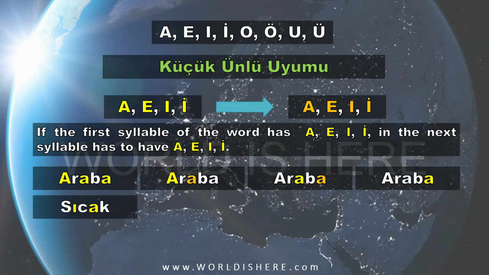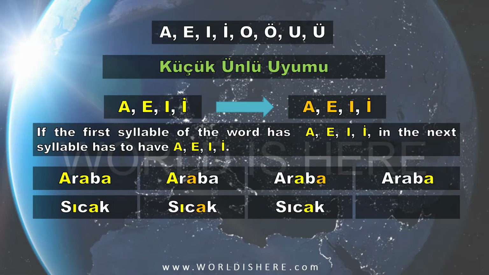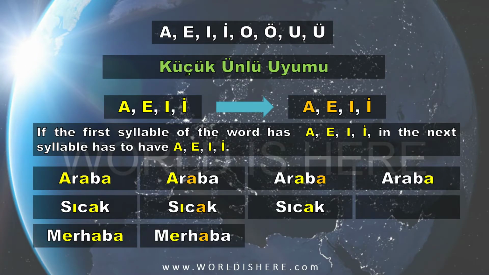The next one. Sıcak. It means hot. Sıcak. So the first vowel is ı. Right? So after ı has to be a, ı. And yes, there is a. So the rule is working here too. Okay? Merhaba. The first vowel is e. Okay.